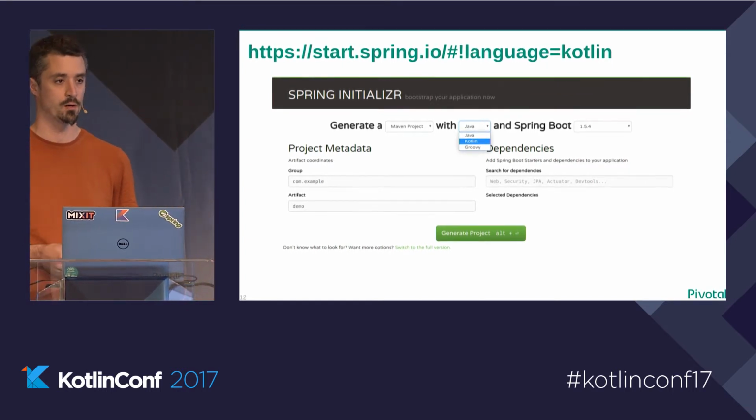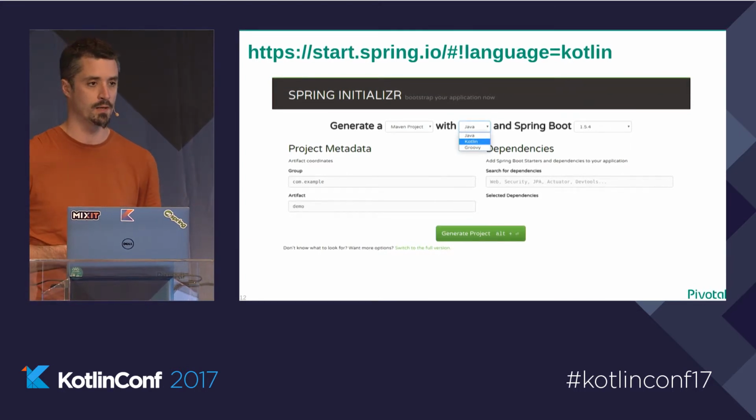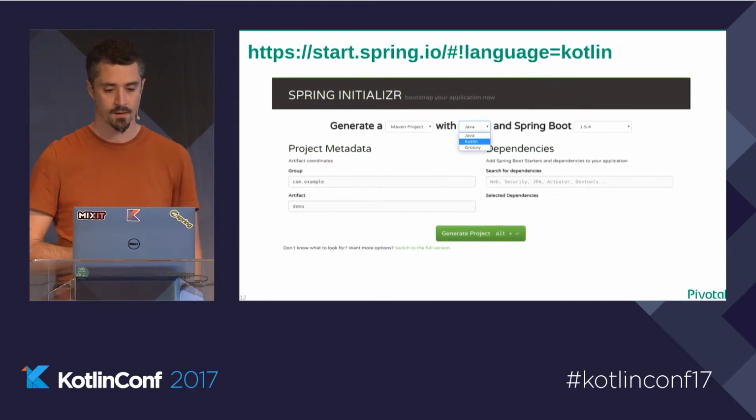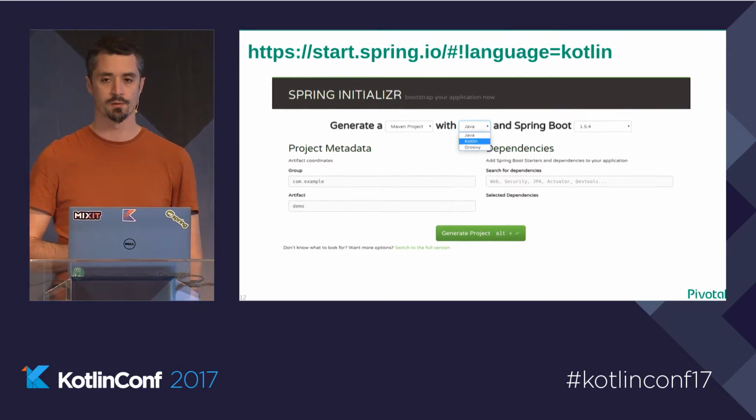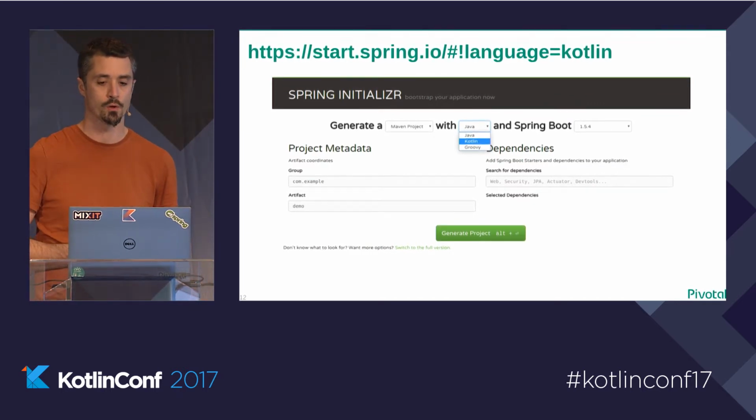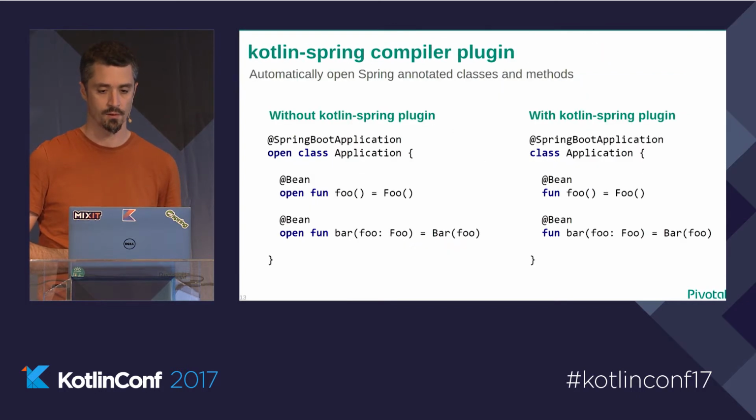So if you want to share an address with your colleagues, that's that one. We added this support for the release of Kotlin 1.0, and we continue to maintain it by releasing and updating a new version with the latest Kotlin version. So you can count on us to get that supported.